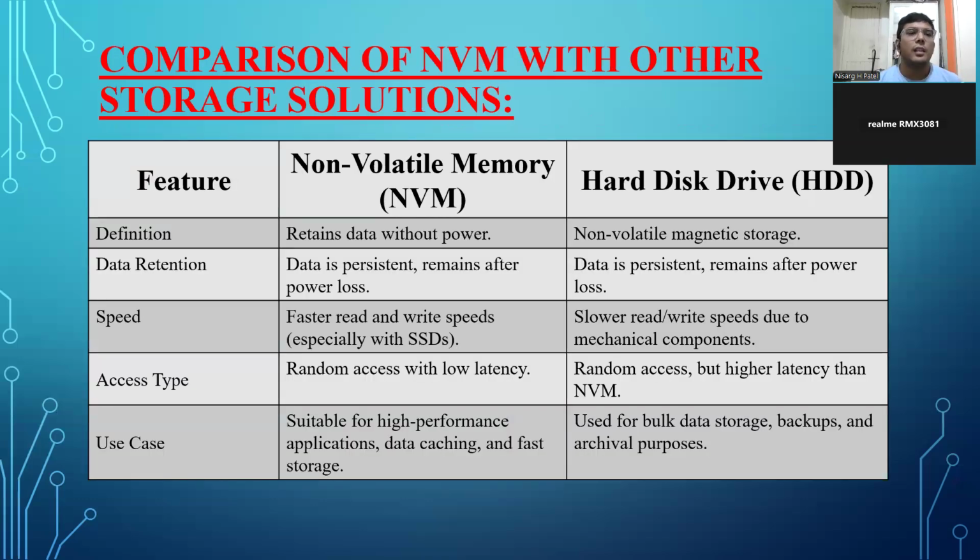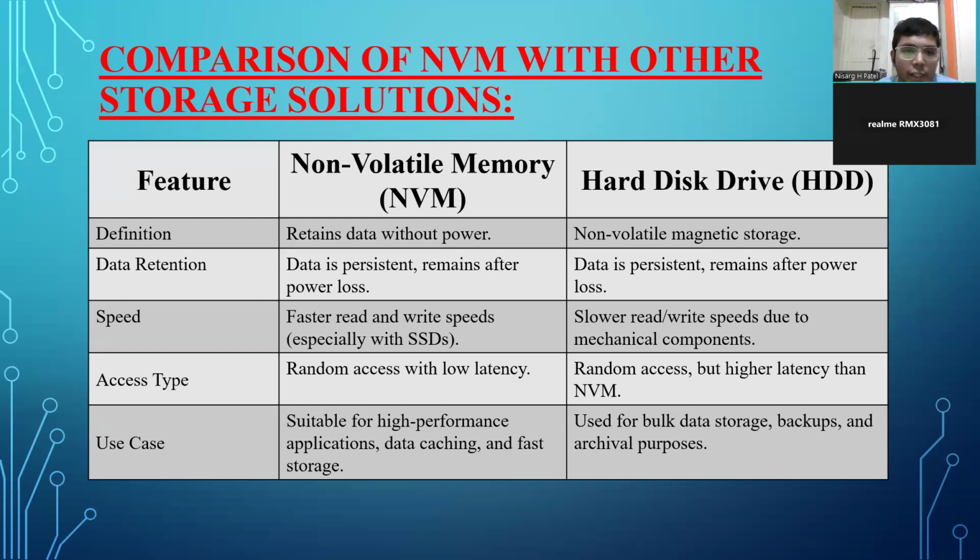Comparison of NVM with other storage solutions. NVM versus hard disk drives, HDD: both retain data without power, as HDD is non-volatile magnetic storage. Data retention: both do not depend on power supply, so data is persistent even after power loss.